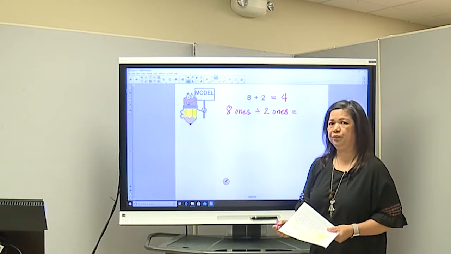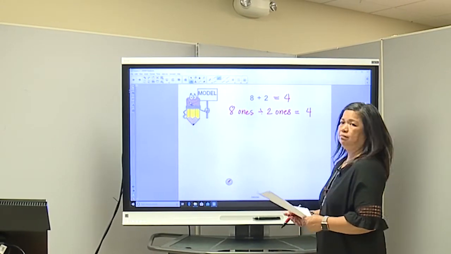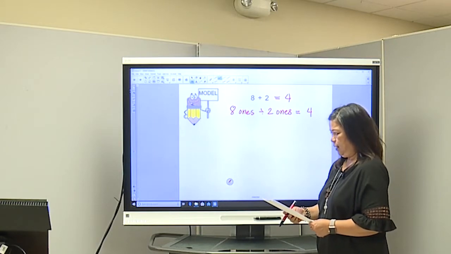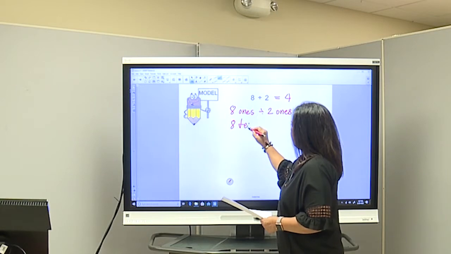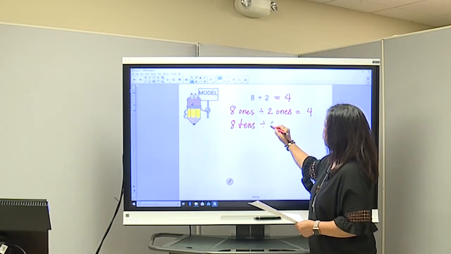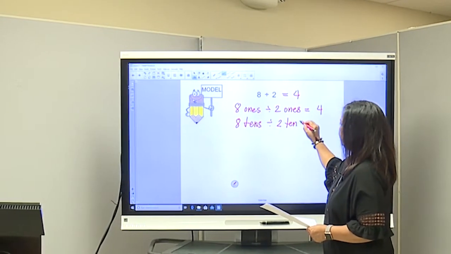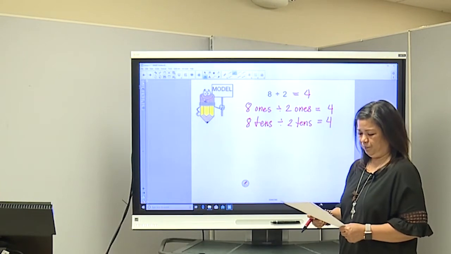And what's the answer? 8 ones divided by 2 ones is 4. Okay? Let's use a different unit. Let's say this is tens. 8 tens divided by 2 tens. Yes, you're right. It's 4.